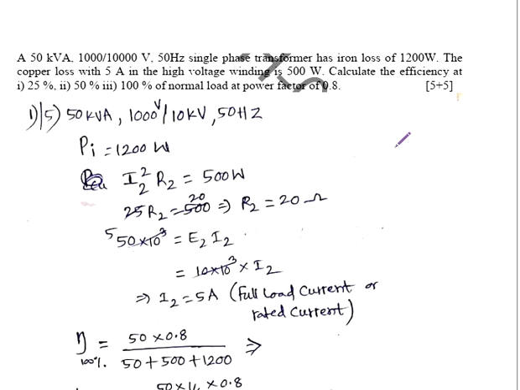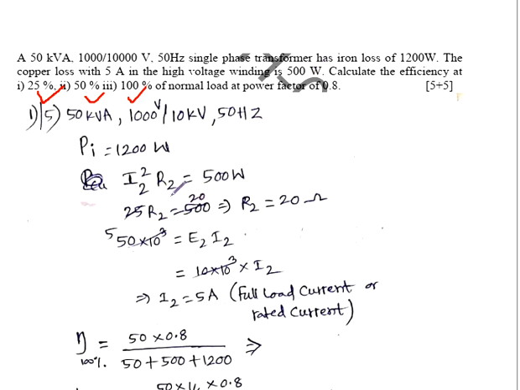Then they asked us to determine efficiency at different loadings, 25%, 50% and 100% of normal load at a power factor of 0.8. Similar to the other problems, first we will write the given values. Pi is given as 1200 watts, and we are also given the copper loss when the current is 5 amperes, which is 500 watts.